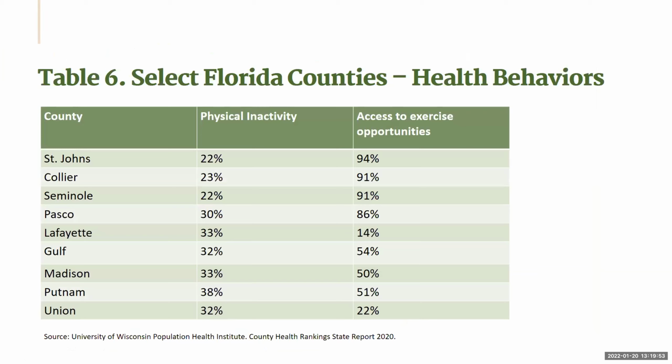So we'll take a quick look at health behaviors and clinical factors, because I don't want to leave those out of the equation, because they do make up 50% of the health outcomes. If we take a look at physical inactivity, we see here that the physical inactivity rate is higher in these lower ranking counties. And we can also see that access to exercise opportunities is limited in the lowest ranking counties.